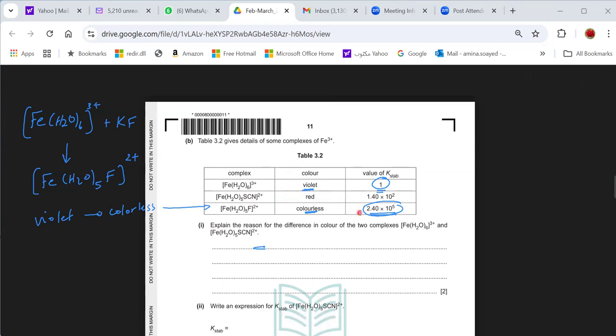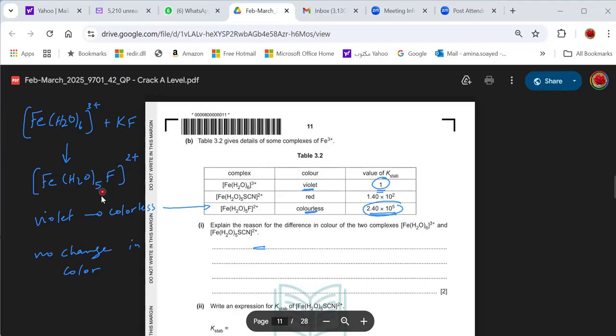So no reaction will take place, and there will be no change in color when we add drops of the thiocyanate to this complex.